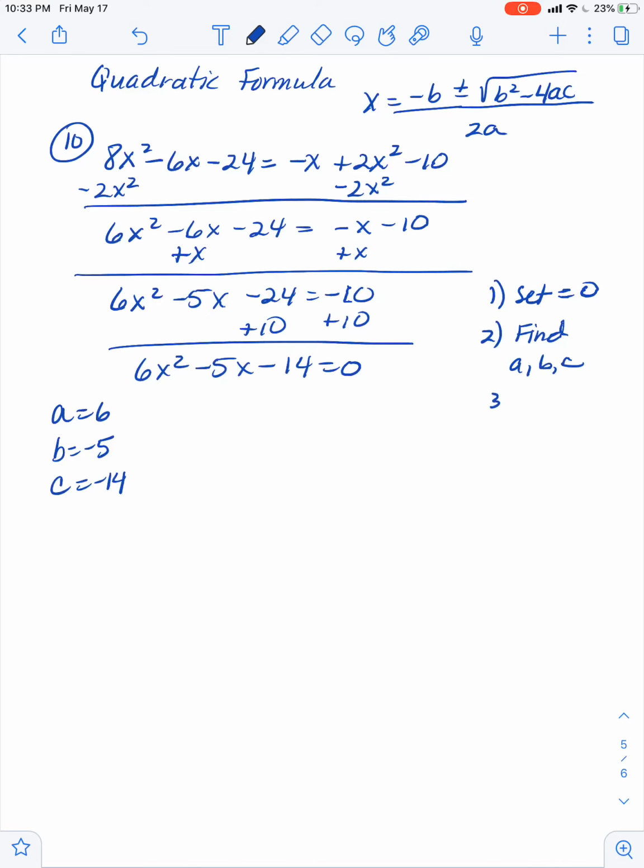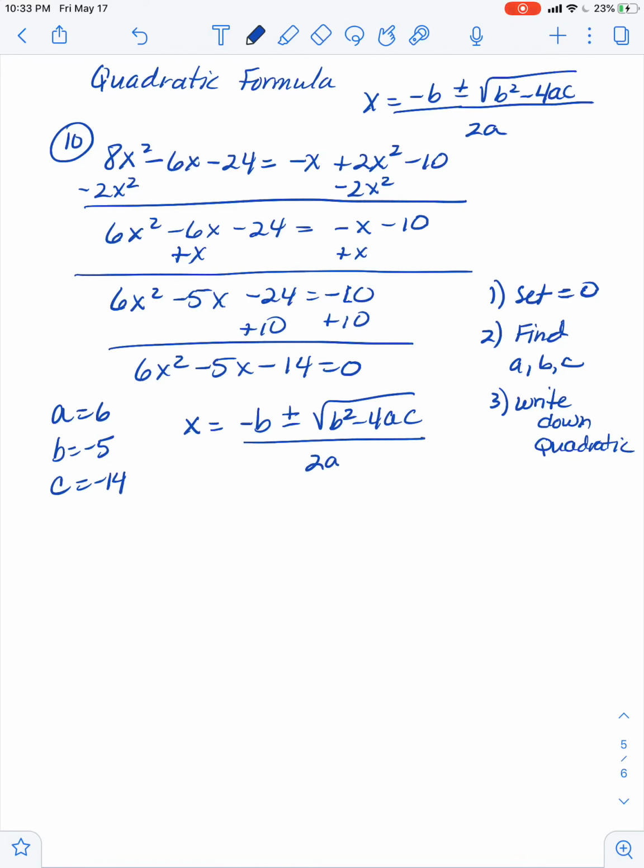So the next thing that I'm going to do, and I really suggest you do this all the time, is write down the quadratic. I know you don't like that, but I would always write it down. Now we're just going to put the numbers in. The other thing to be careful with is substitute B, I would say, with parentheses.